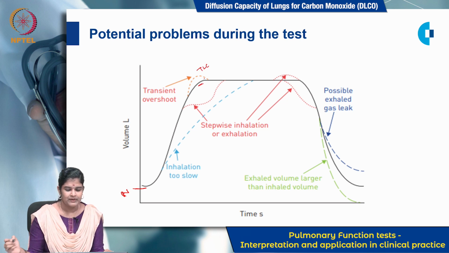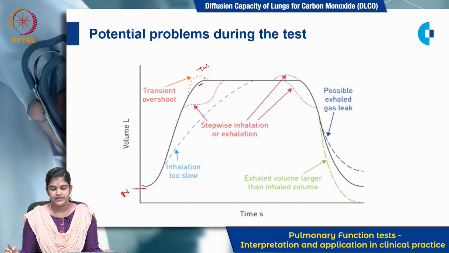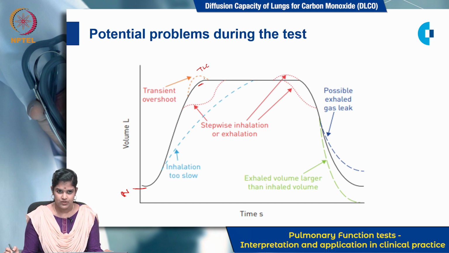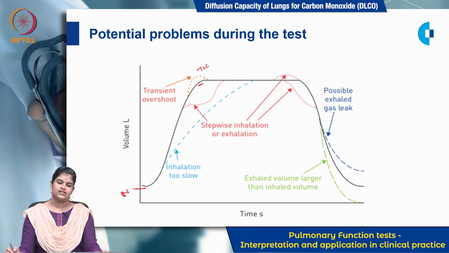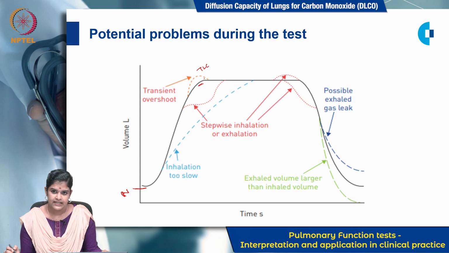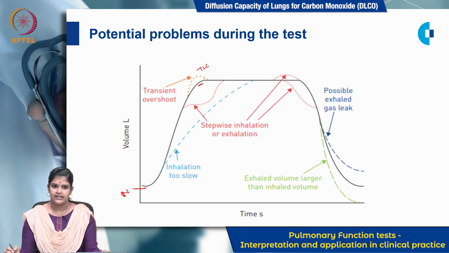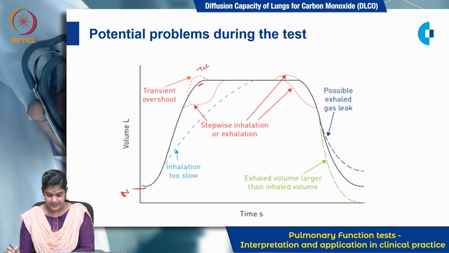If residual volume and TLC are not reached properly during exhalation and inhalation, it may lead to reduction in DLCO value. The other problems are slow inhalation, slow exhalation, stepwise inhalation, stepwise exhalation, transient overshoot or gas leak while exhalation. All this will result in a DLCO report that is not ideally interpretable.